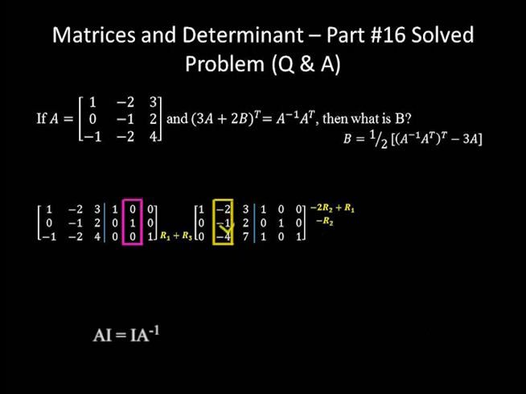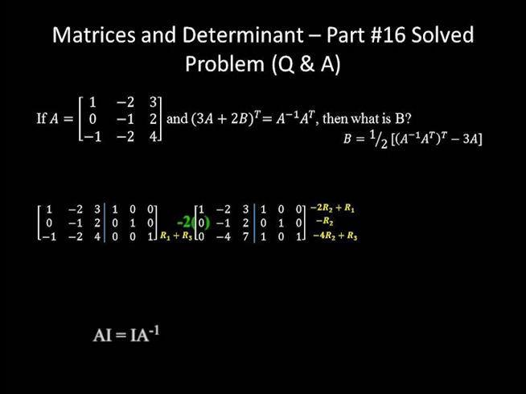To convert this negative 4 to 0, we can add positive 4 to it. To find this positive 4, we multiply negative 1 by negative 4. Here, what we did is multiply row 2 by negative 4 and add it to row 3. So the formula that can convert this negative 4 to 0 is negative 4 times row 2 plus row 3.